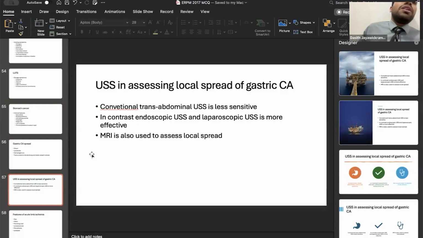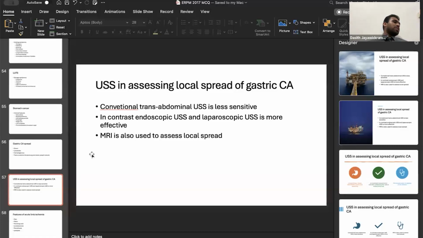But the ultrasound done with endoscopic ultrasound, or laparoscopic ultrasound, these two will directly go to the lesion and scan the surrounding. Then we can obviously pick up the extent of the lesion, but not the transabdominal ultrasound where we scan over the skin of the abdomen.